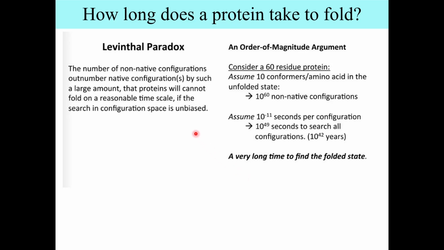Okay, to give you an example, consider a protein made up of 60 residues. Now every residue can maybe have 10 conformers or conformations, right? So what is a conformation? Conformation is actually the arrangement of the atoms of that particular residue in 3D space.